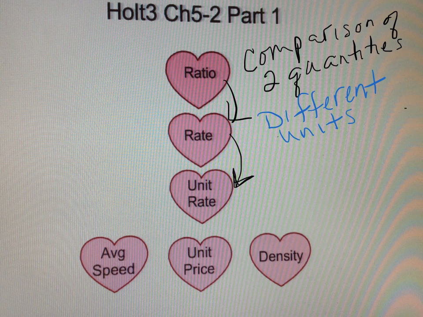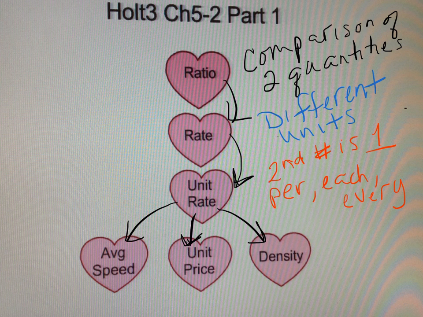And there are some key words that tell you you're dealing with a unit rate. The words per, each, or every are your key words that you've got a unit rate. And then we have a few types of special unit rates. We have average speed, which is the comparison of distance to time.